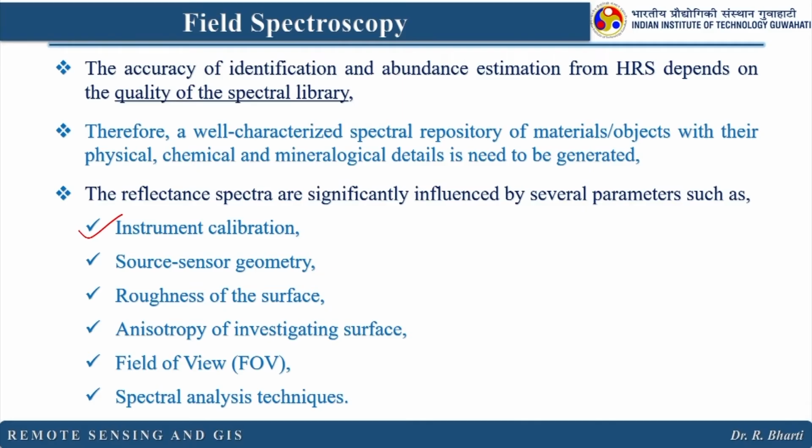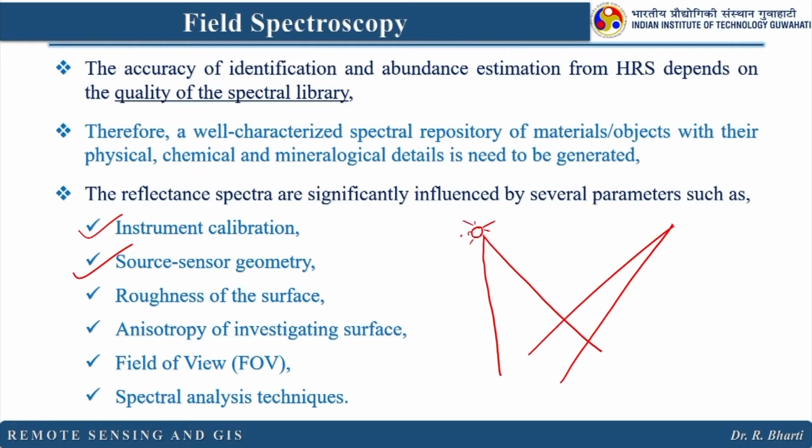Next point is source sensor geometry. If you remember my previous lectures, suppose this is how your surface is illuminated. Here you have the sun or maybe a source lamp which is illuminating this particular surface, and this particular direction is used to measure the reflected energy.